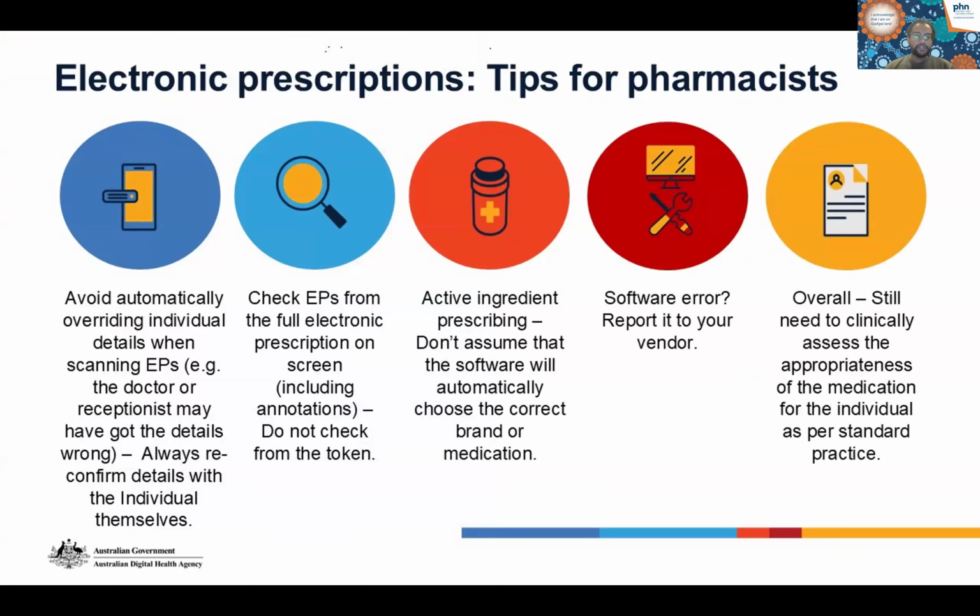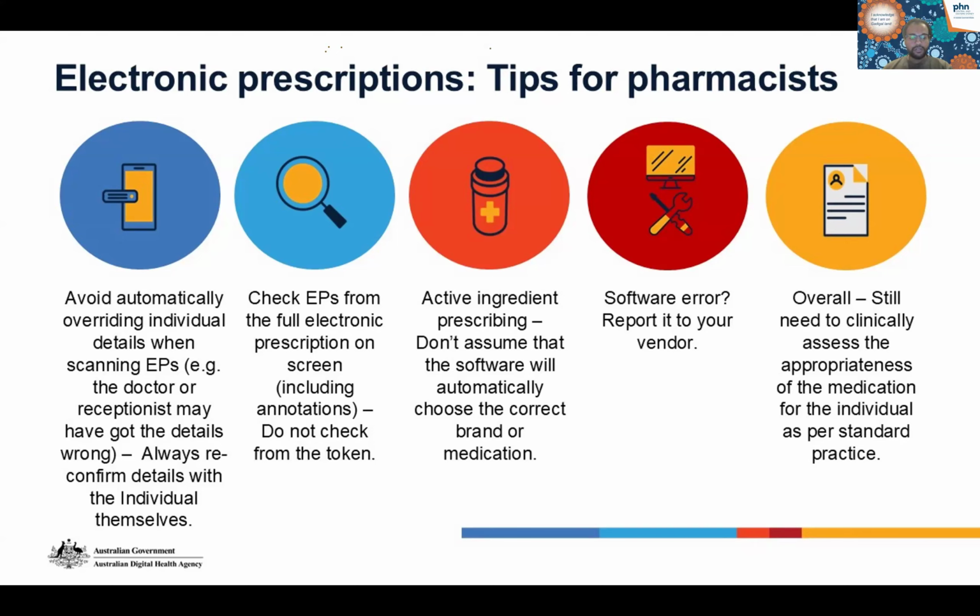So for electronic prescriptions, here are the tips for pharmacists. Avoid automatically overriding individual details when scanning the electronic prescriptions. For example, the doctor or receptionist may have got the details wrong. So it's always important and best practice, as Grace mentioned, to confirm the details with the individuals themselves.